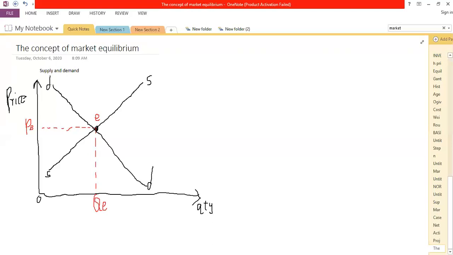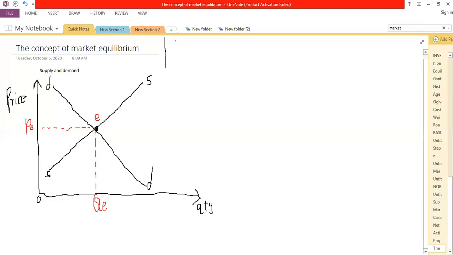The prevailing market price for the commodity, we call it the equilibrium price, and the quantity demanded and supplied, we call it the equilibrium quantity. We can abbreviate that one as the QE. This is a situation where we are saying the market is in equilibrium, where demand and supply are equal.